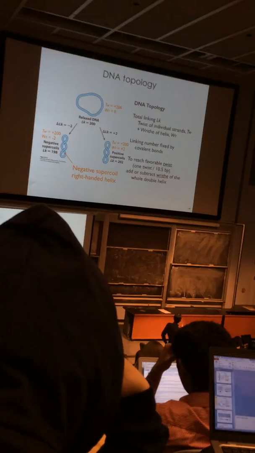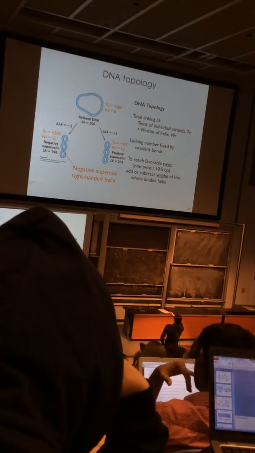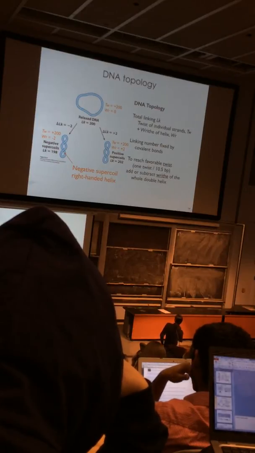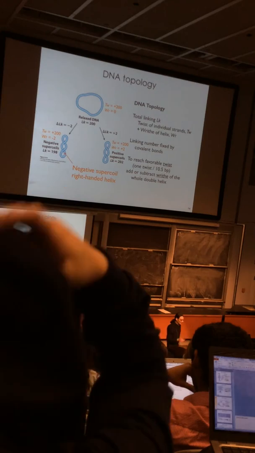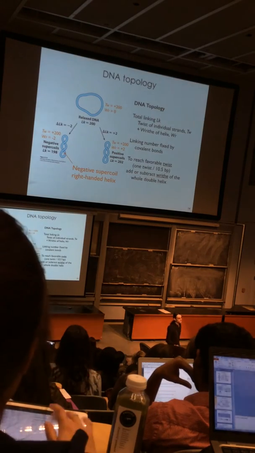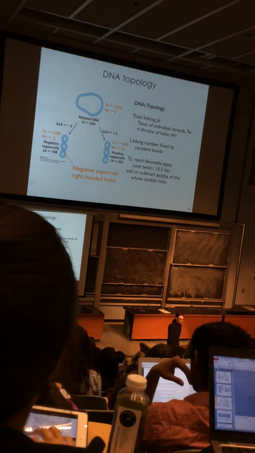If we take that relaxed DNA and somehow reduce the linking number by 2, what the DNA will do is adopt this negative supercoiling. That means we'll have a negative writhe of -2 and a positive twist to get this total linking number of 198.